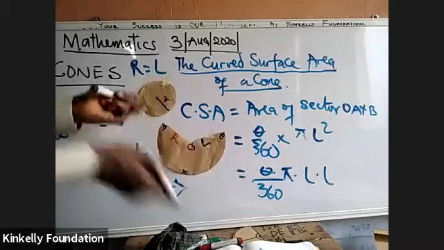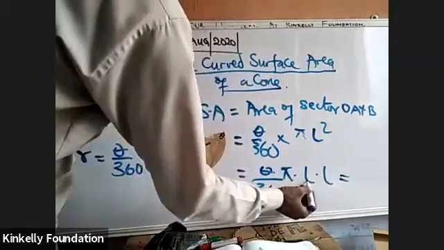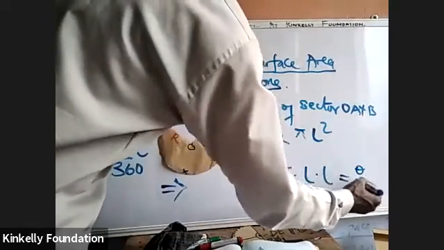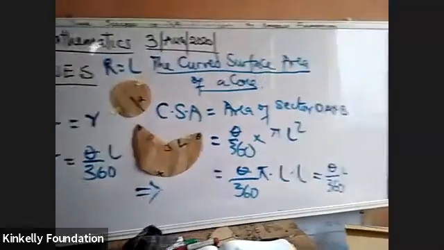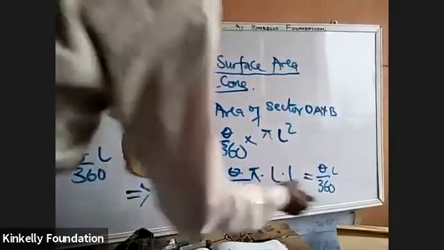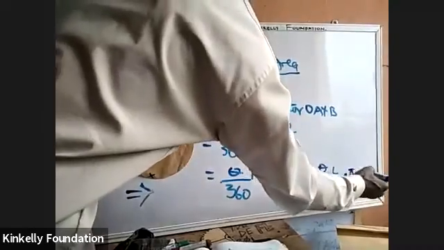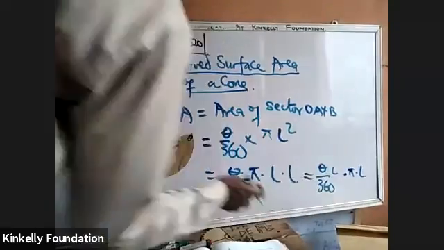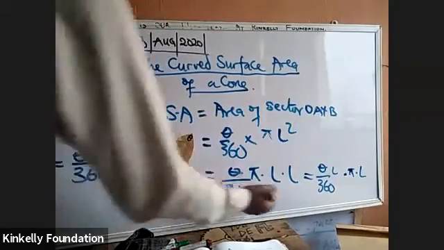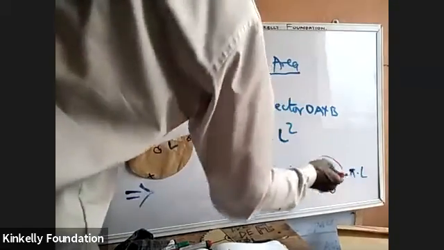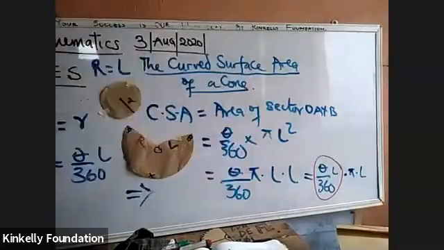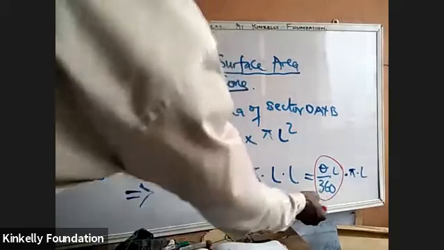Now, we also have this, which comes to theta over 360 L times pi times L. Remember, this and this are the same. And remember that the thing we have circled is representing something, and it is this thing.